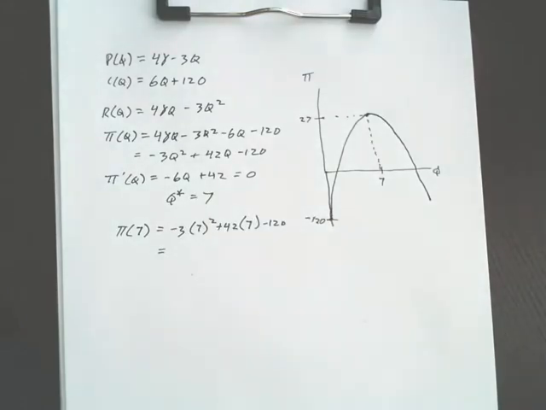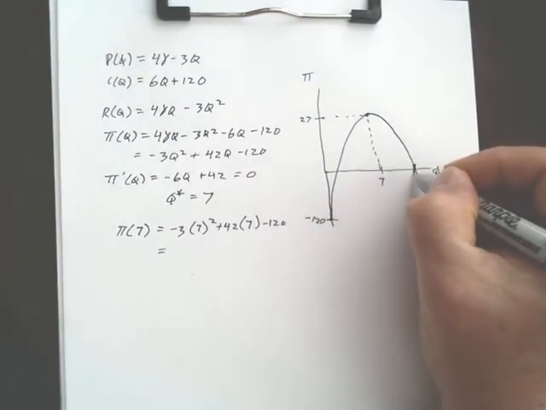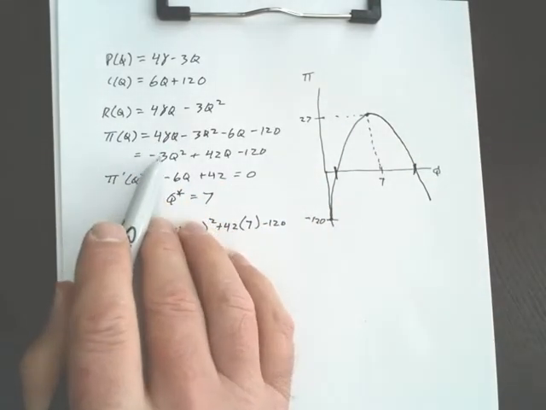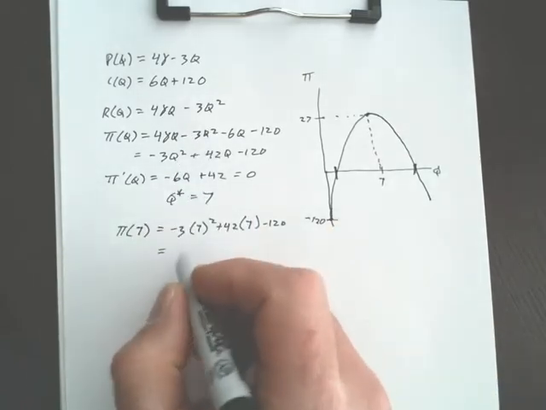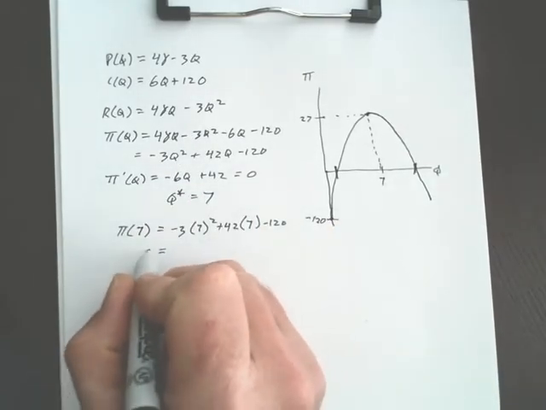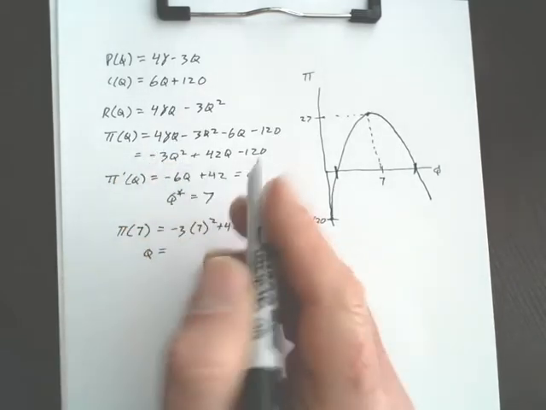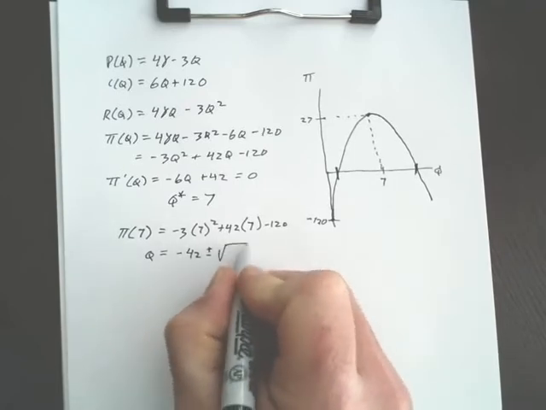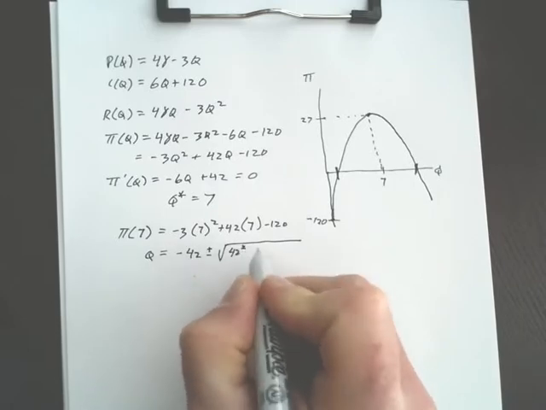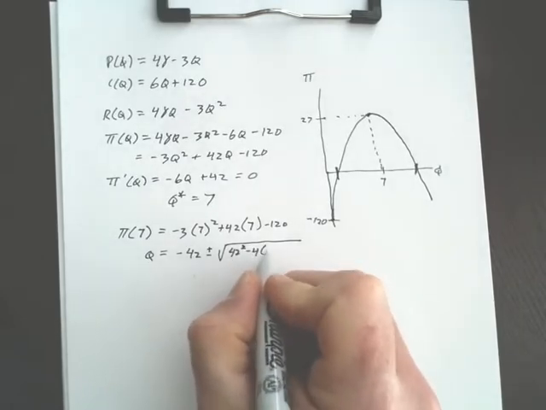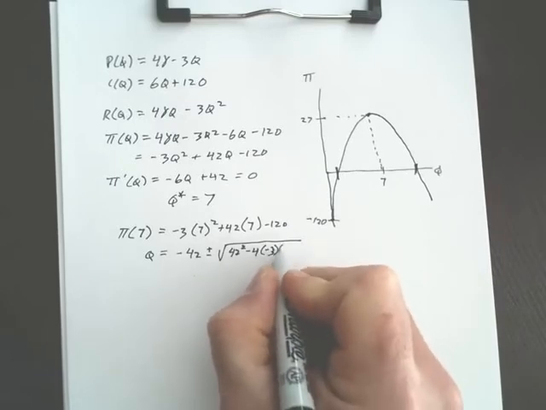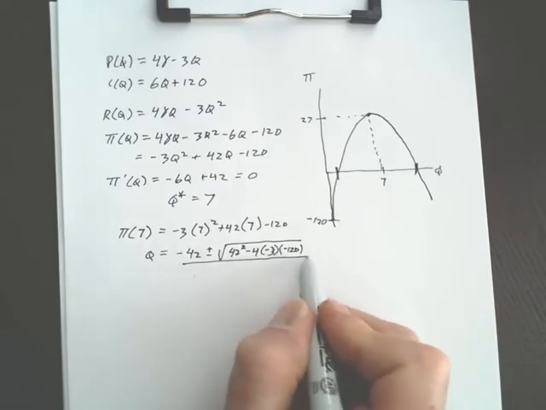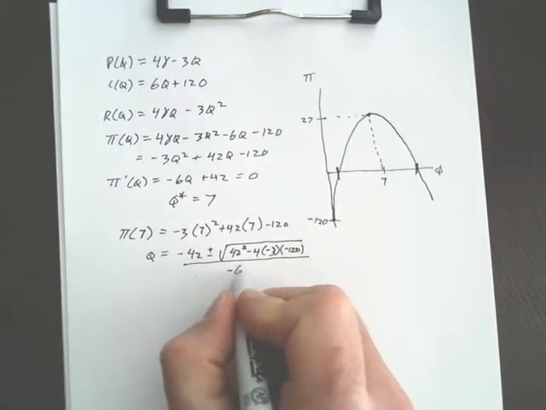Okay, now where are my break-even points? That's going to be this point here and this point here. How do we find those? Plug the profit function into the quadratic formula. So this means that Q is going to equal negative B, which is 42, plus or minus the square root of 42 squared minus 4 times negative 3 times negative 120, all divided by negative 6.